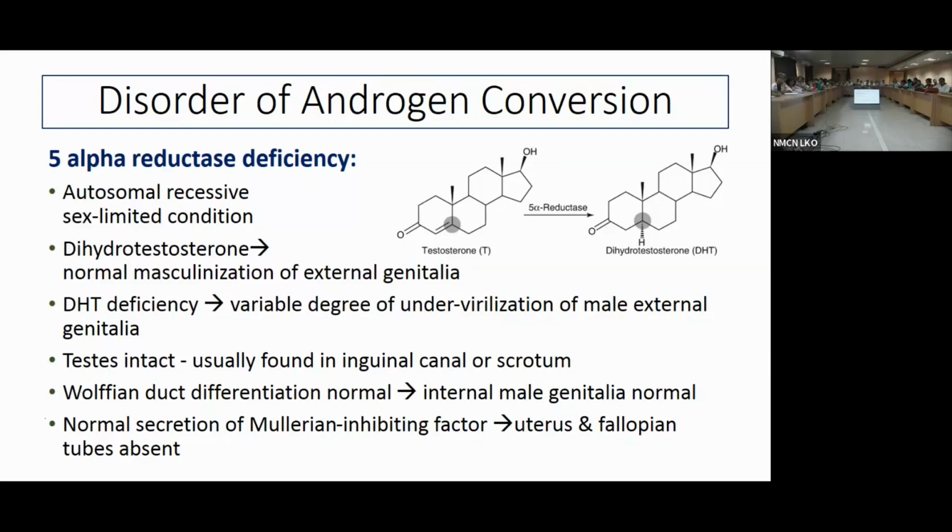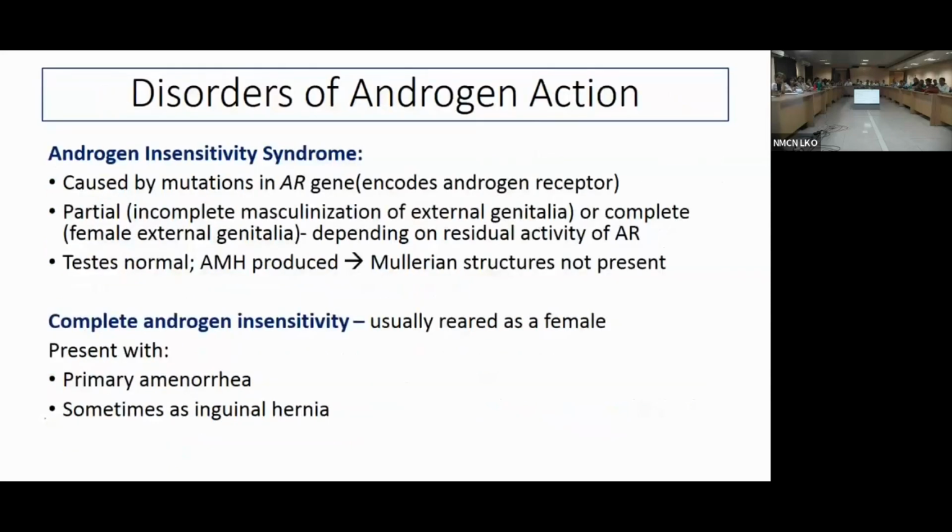The Wolffian duct differentiation will be normal, so internal male genitalia will be normal. AMH is normally produced, and hence all the Mullerian structures will be absent. So internal genitalia will be like that of a normal male individual. Gonads will usually be palpable, that is, palpable testes would be there. It will be mainly the external genitalia which is ambiguous and under-virilized.